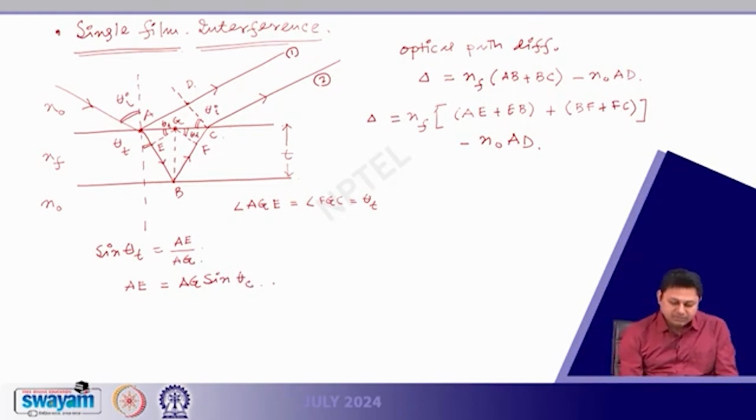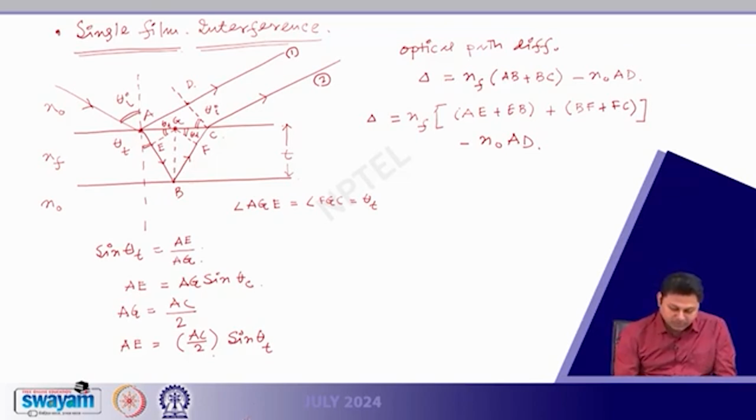Now, by symmetry we can write AG is equal to AC divided by 2. So, essentially I have AE is equal to AC divided by 2, then sine of theta t. Okay.